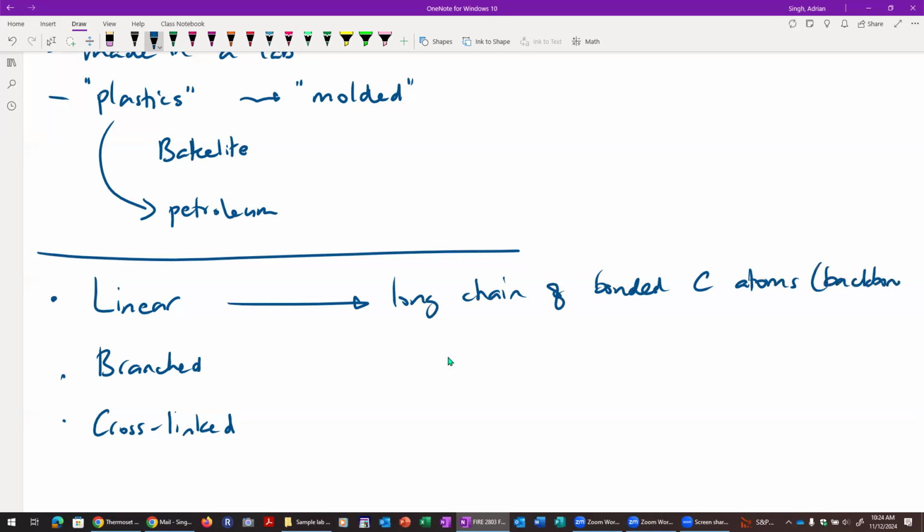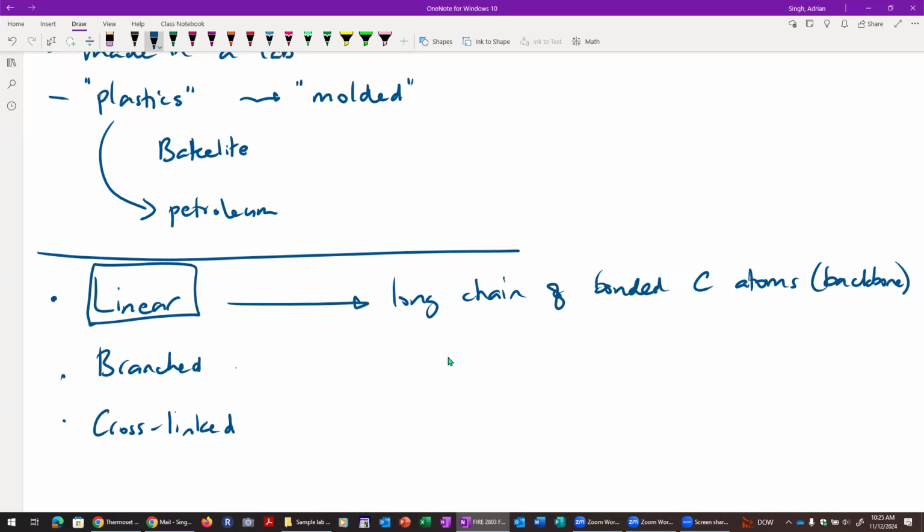Again, we mentioned in the last couple of weeks that carbon is really good at forming bonds to itself to make these really long chains. It's essentially, as the name suggests, going to be in a line. Now, that linear arrangement doesn't necessarily mean a straight line. It means consecutive carbon atoms that form the backbone one after another. That arrangement can snake around itself. It can zigzag. It can form a circle, for example. It just needs to be a long chain of bonded carbon atoms.